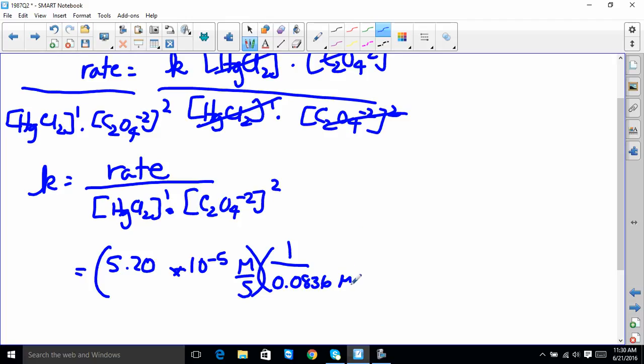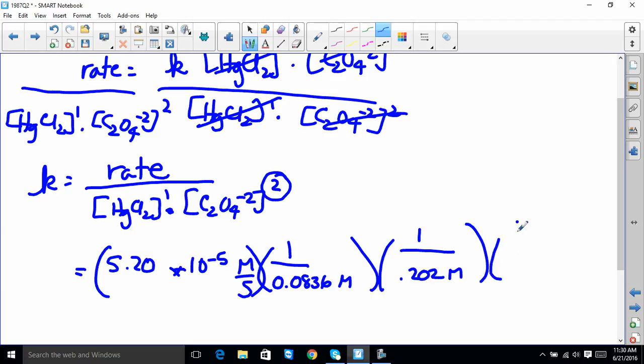This is 0.0836 molar. Now I'm going to do something, this works better with my college prep kids. I don't notice that it works better with you guys, the AP kids, but here's the deal. Doesn't squared mean it gets multiplied by itself twice? And so sometimes, because of the whole unit thing, instead of squaring it, I will just write down the concentration of the oxalate ion in trial 1 twice, because that's what squared means.